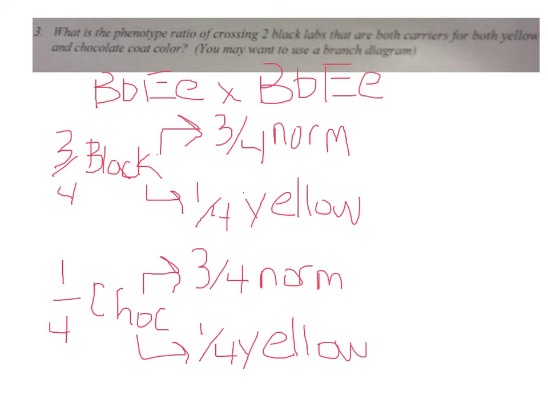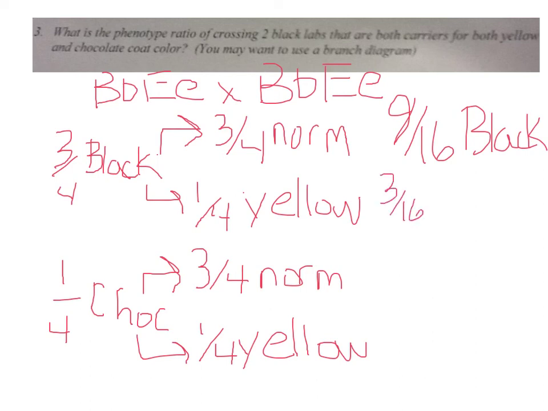So what you do here is you say 3/4 times 3/4. That's a 9 out of 16 chance that you're going to get a black puppy. And 3/4 times 1/4, that's a 3 out of 16 chance that you'll get a yellow. And 1/4 times 3/4 is a 3 out of 16 chance that you'll get a chocolate puppy.